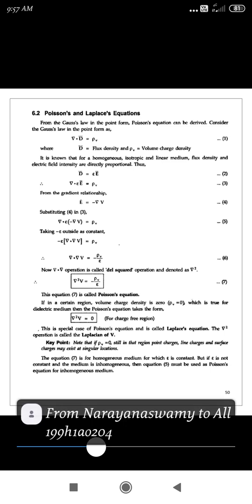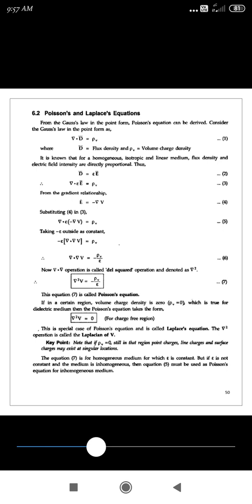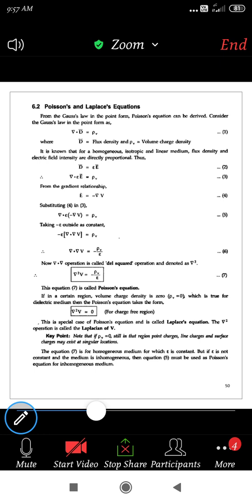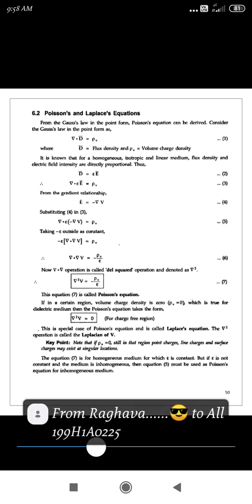In the suffix, if L is mentioned it is line charge density, S is surface charge density, and V is for volume. Depending upon these situations, rho v is the volume charge density.